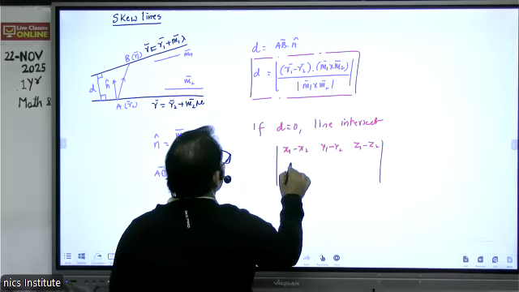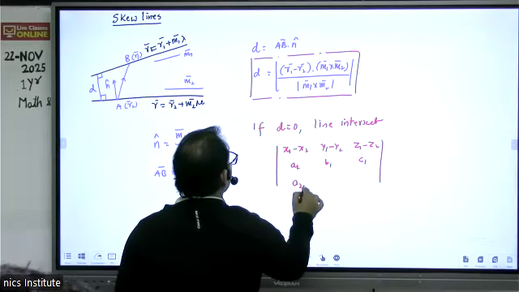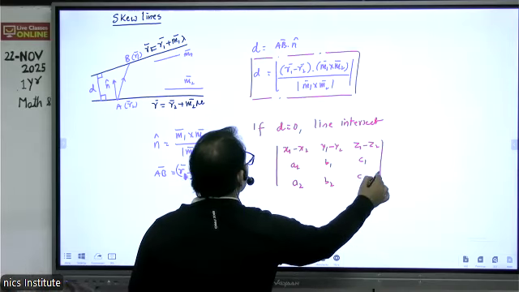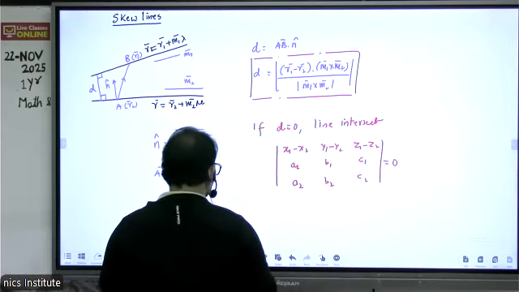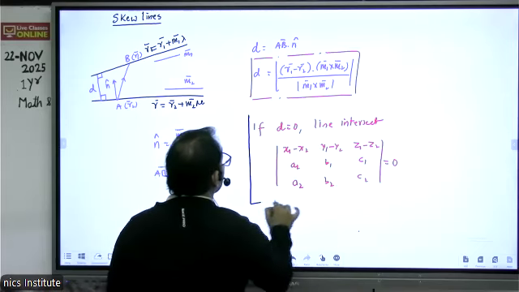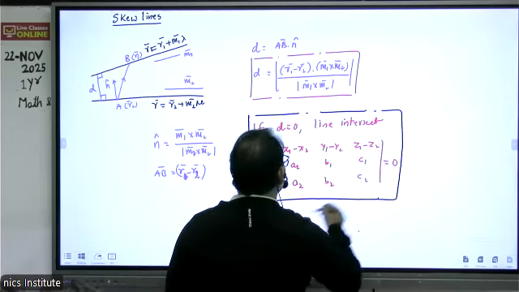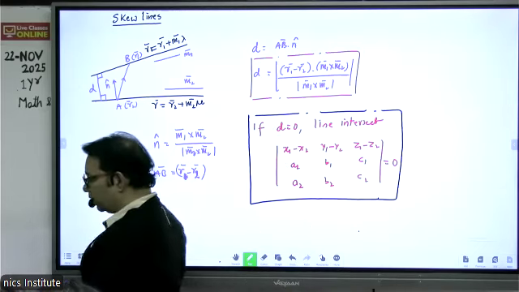M1 cross M2 would be A1, B1, C1, A2, B2, C2. This determinant will be equal to 0 in case they are intersecting, but lines are not parallel. So this is the condition for intersecting lines.